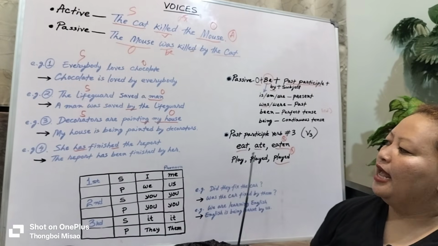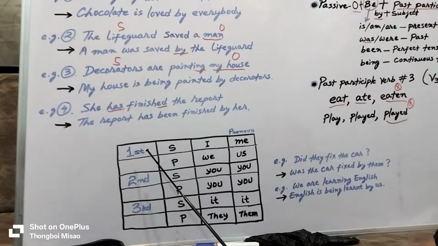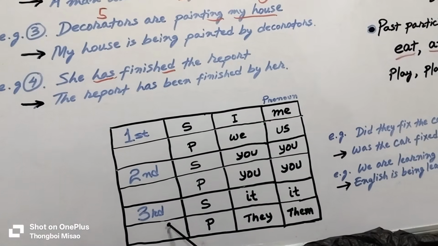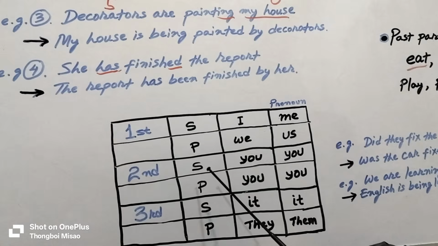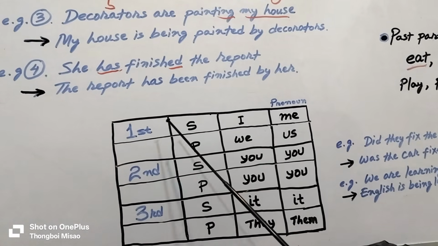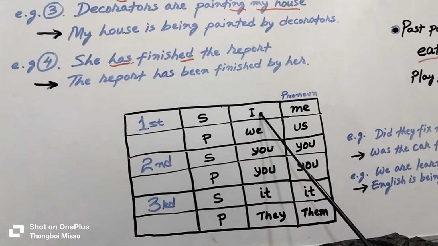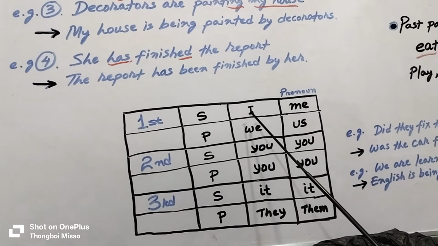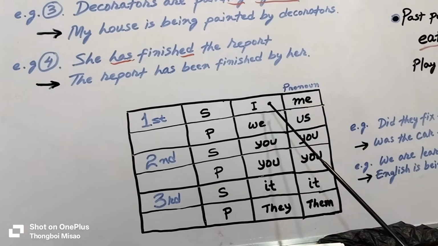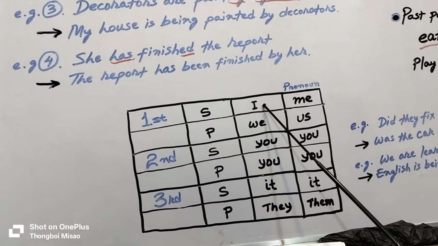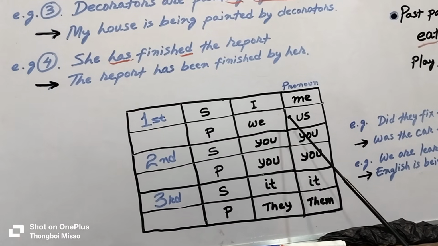Now look at the first, second and third forms of the verb, and the pronouns. First person singular is "I", plural is "we". Pronouns: I becomes me, we becomes us.